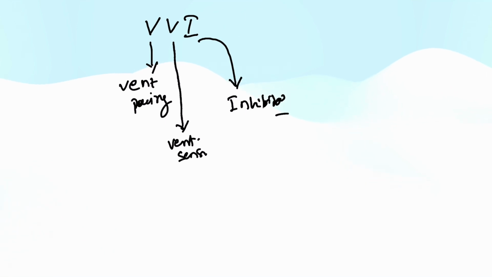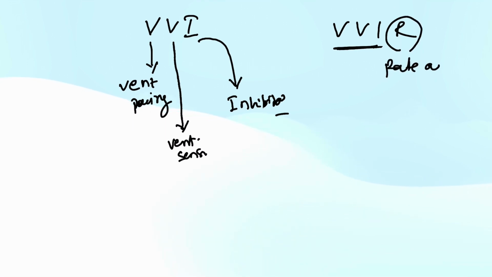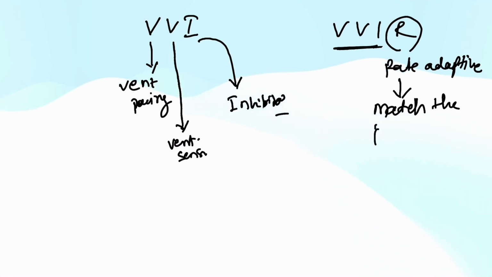So the ventricle will be paced and sensed, and as a response it will be inhibited if there is a sensing. If we add a fourth letter, that means VVIR. What is R? The fourth function, programmability, means it is rate adaptive. In this there is a mechanism installed to match the physiologic need.